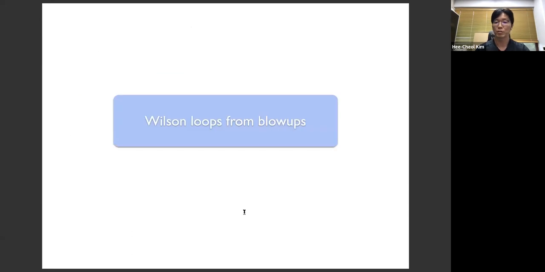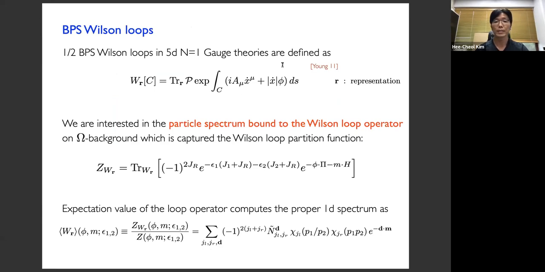Okay, let's move on to the blowup equations for the Wilson loops. In 5D gauge theory, half-BPS Wilson loop operators are defined in the following manner. It's a gauge invariant loop operator, labeled by its representation under the gauge symmetry. We are interested in the particle spectrum bound to the Wilson loop operators on the Omega background.